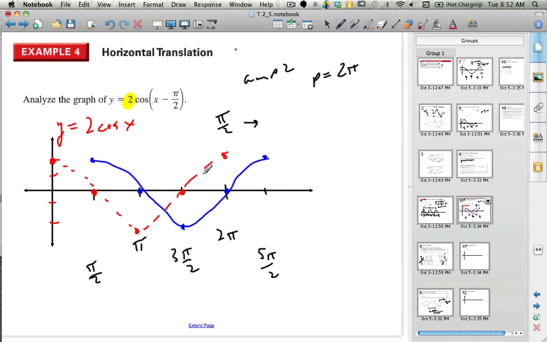That's the red graph. And you see by putting in this minus pi over 2, it shifted everything to the right by pi over 2. That's what a translation does. It can shift to the right, it could shift to the left, it could also shift up and down, or any combination of those.